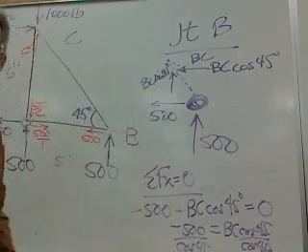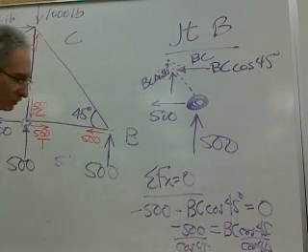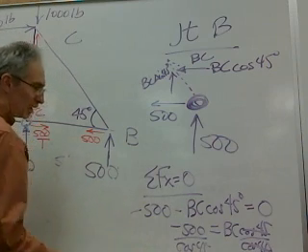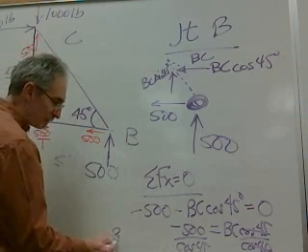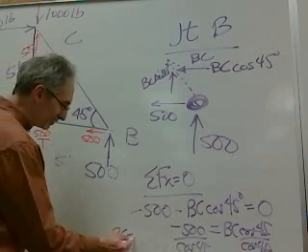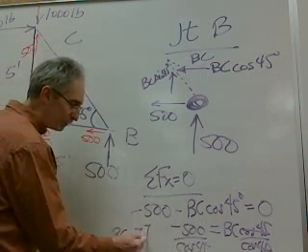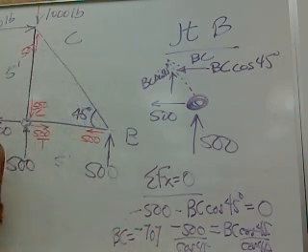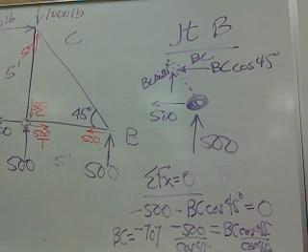And what am I going to find here? I'm going to find out that BC is equal to a negative 707.1. Or we'll just round it to 707. Negative. What does the negative mean? Arrow the wrong way.